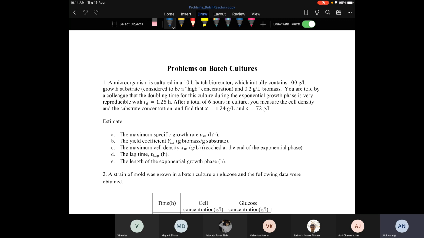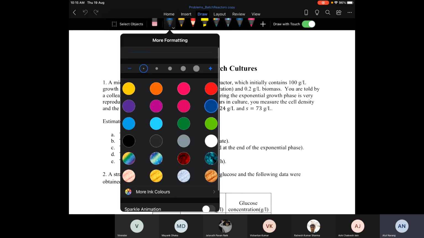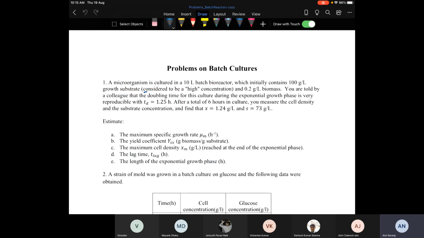Okay, so returning back to the problem, a microorganism is cultured in a 10-liter batch reactor, which initially contains 100 grams per liter of growth substrate, considered to be a high concentration. I want to highlight this because this is a relevant piece of information. I'll come back to this in a minute. So it initially contains 100 grams per liter of substrate and 0.2 grams per liter of biomass.